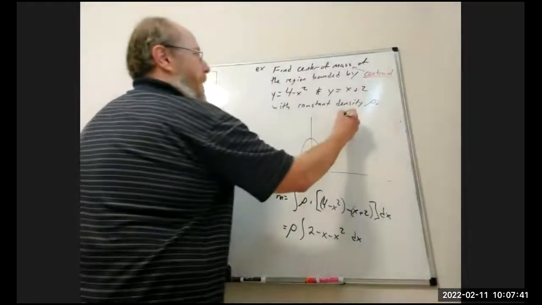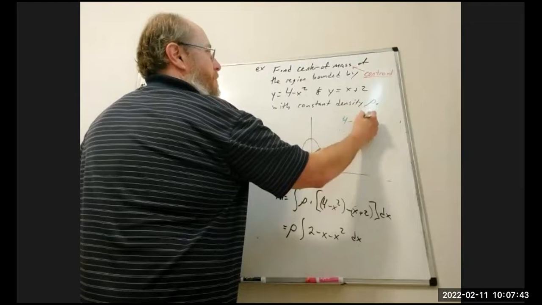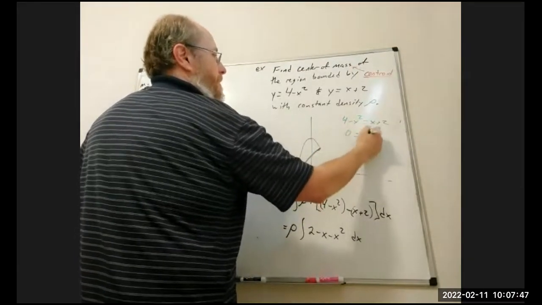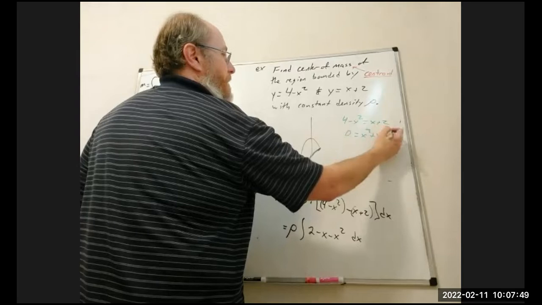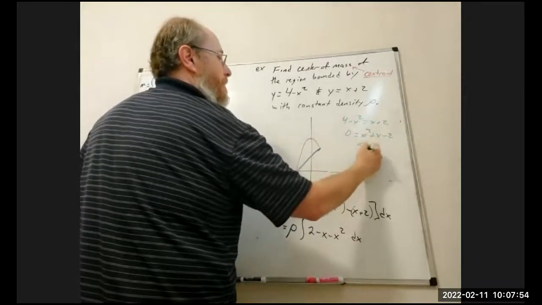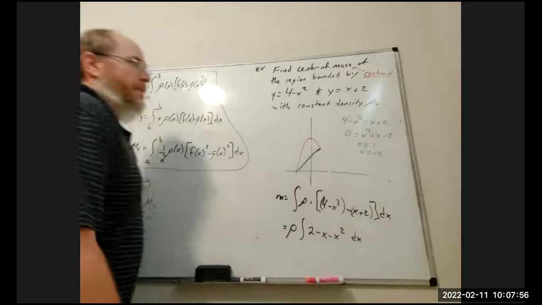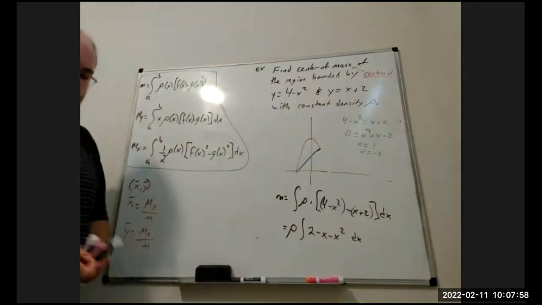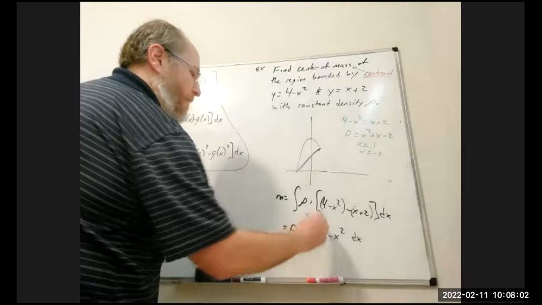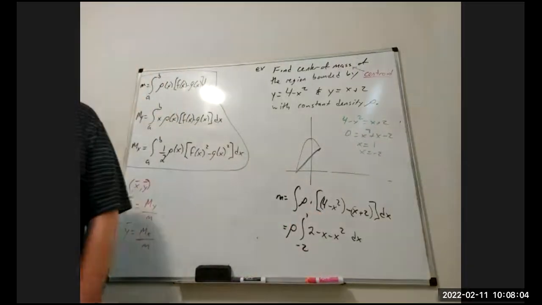So we'll have 4 minus x squared equals x plus 2. That's x squared plus x minus 2 equals 0. And a little bit of work on that will get us from minus 2 to 1. So this will be from negative 2 to 1.